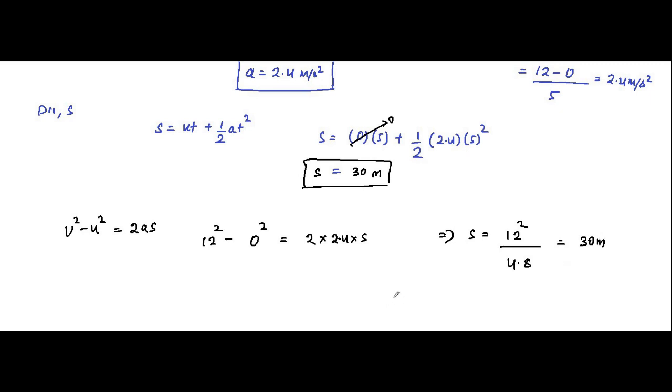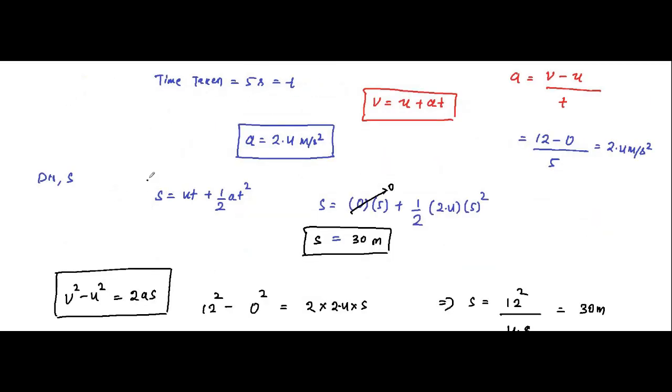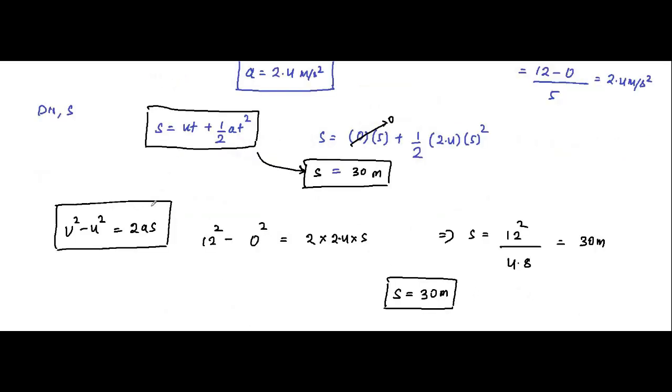So here also the distance or displacement is equal to 30 meters. In both ways, whichever formula you use, whether v square minus u square is equal to 2as or s is equal to ut plus half at square, you are going to get the same result.